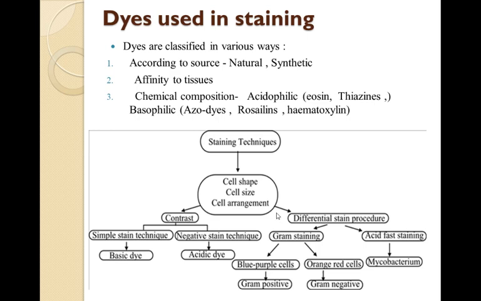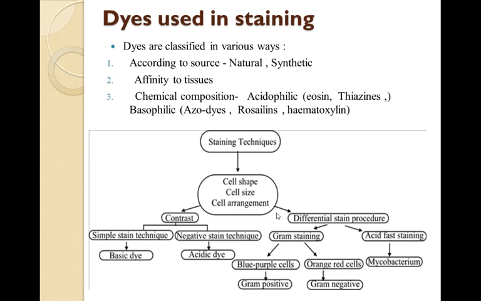So next is the dye used in staining. There are various dyes that are used in staining. Here I have done some classification of the dyes. Dyes are classified in various ways, like according to the source from which they are derived. If they are derived from a natural source, they are called natural dyes.